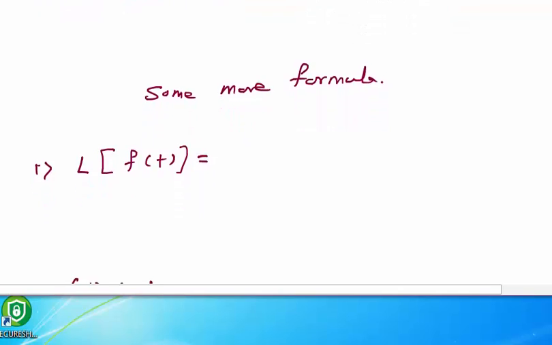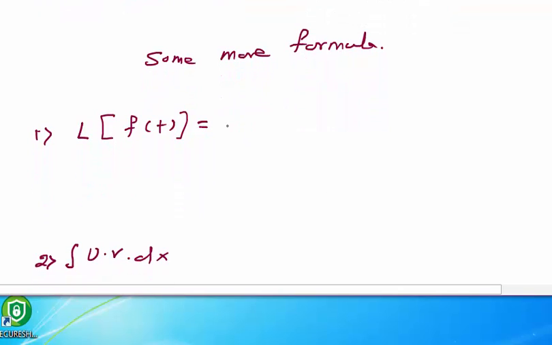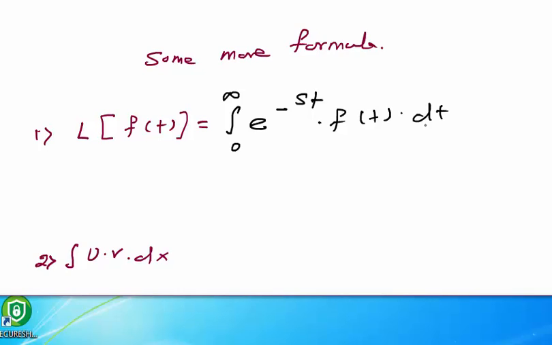First is the definition of Laplace transform: it is integral from 0 to infinity of e power minus st into f of t into dt. We use this formula whenever the function f of t is given in 2-3 different forms for different values of t, which we have already seen while solving problems.